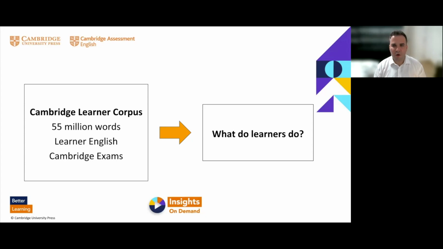And the Cambridge Learner Corpus, the world's largest collection of texts written by people learning English, is made up of students' responses to the written sections of Cambridge English exams. The project has been running for over 20 years, and new texts are being added every day. It tells us what learners can do at each stage of their learning journey.